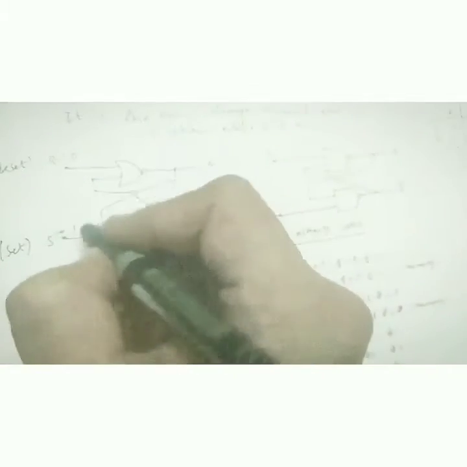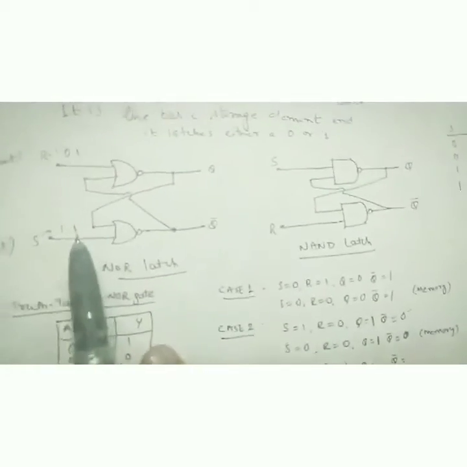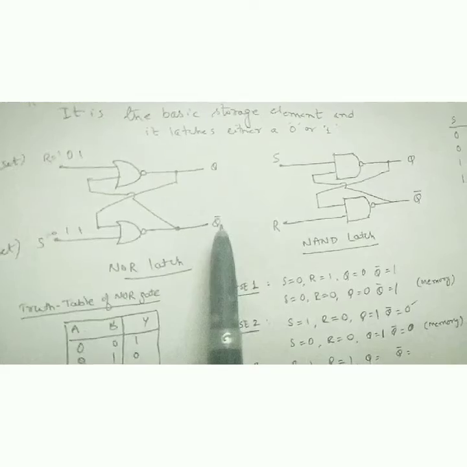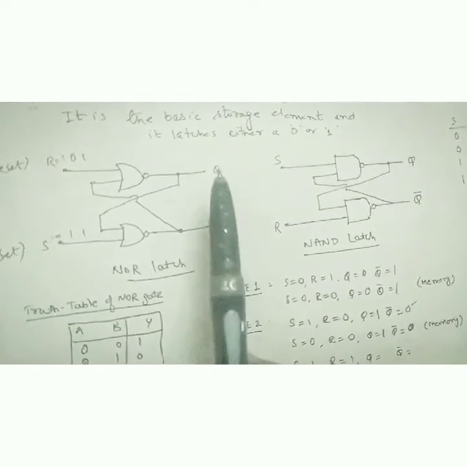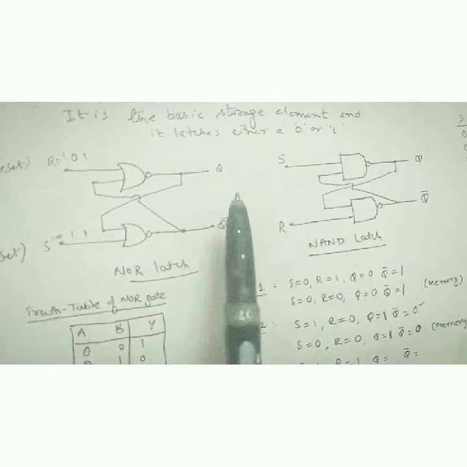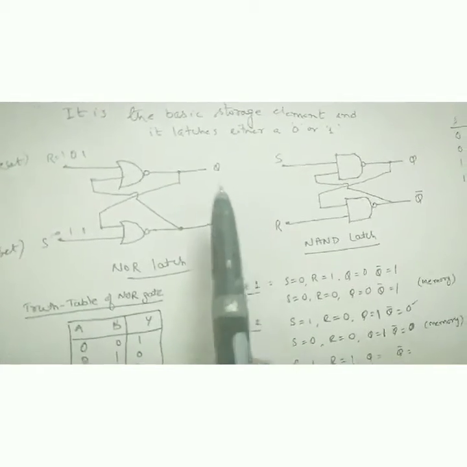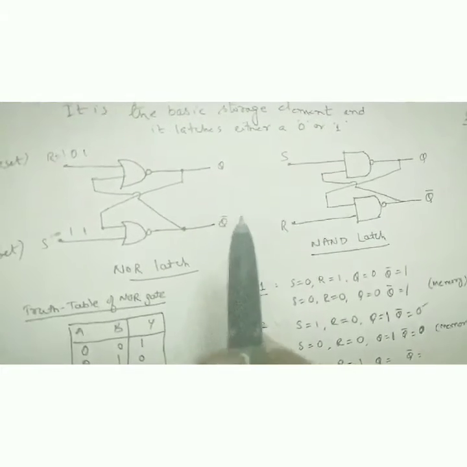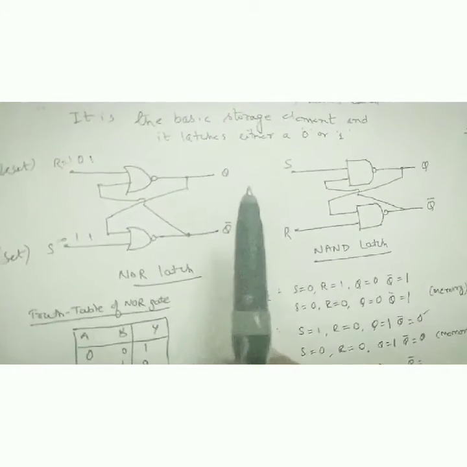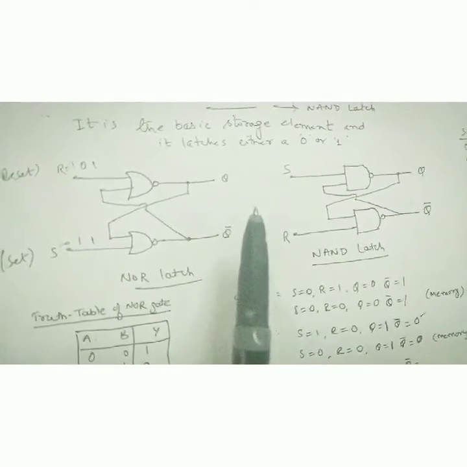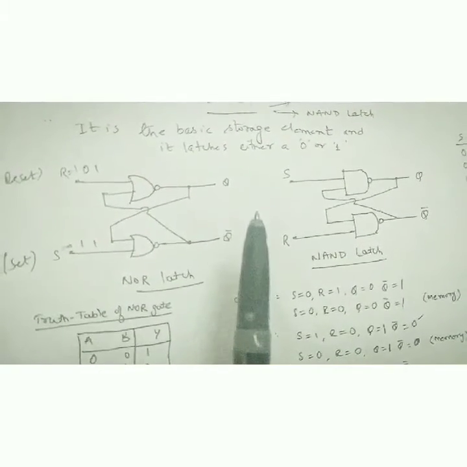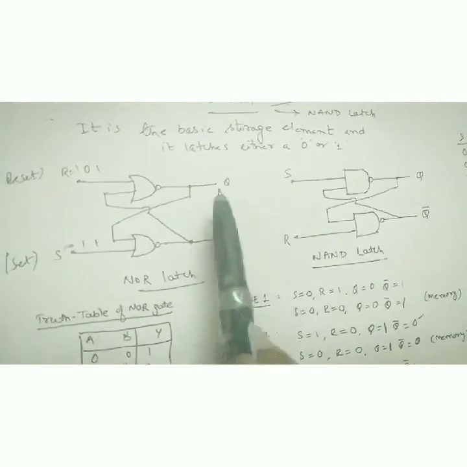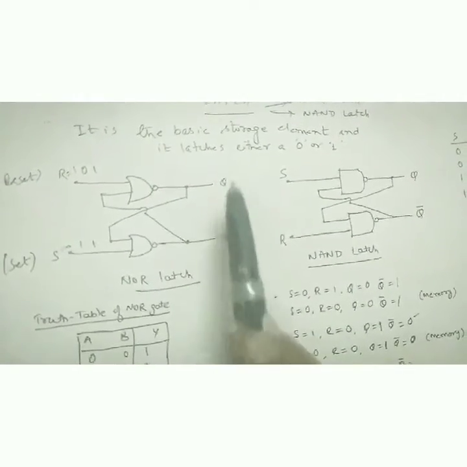So if we make both S equal to 1 and R equal to 1, this will cause Q bar to become 0 and Q also to become 0, which violates the principle of a latch or a flip-flop, since the property of these is that they maintain normal and complement outputs, that is they have to be either 0 or 1, or 1 or 0.